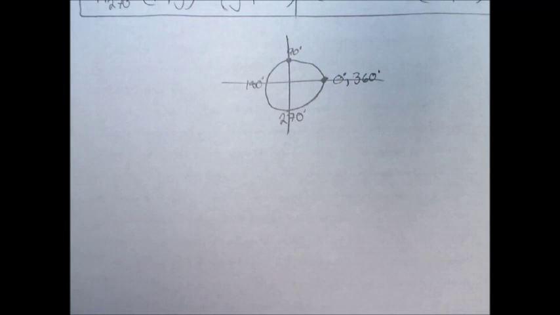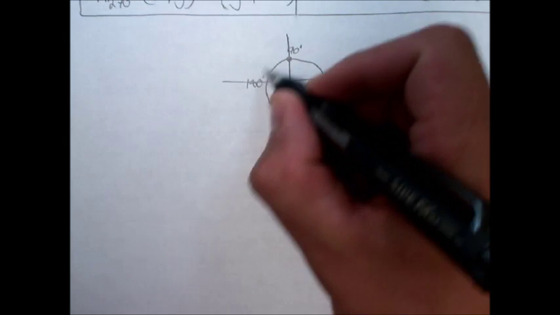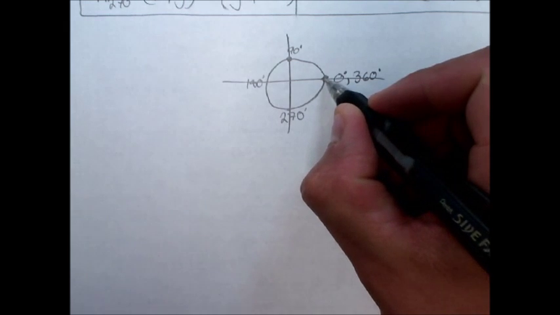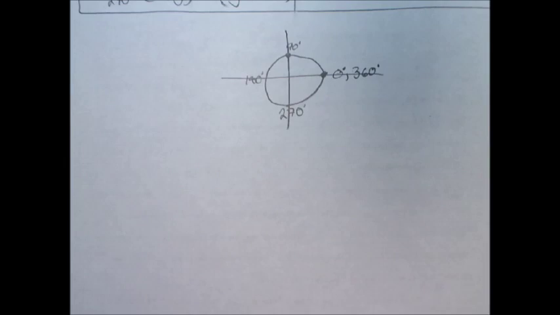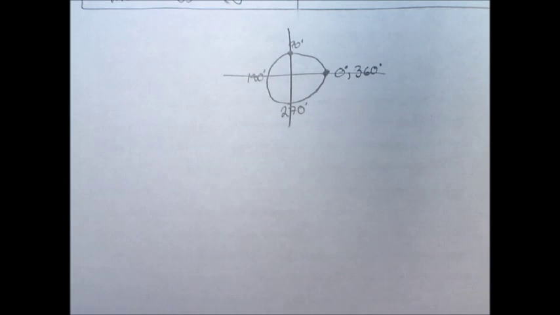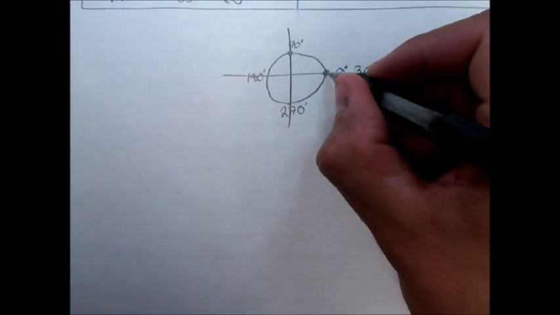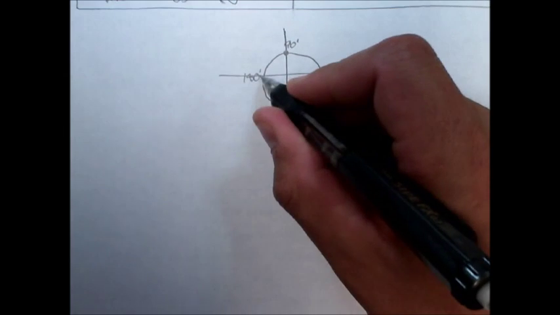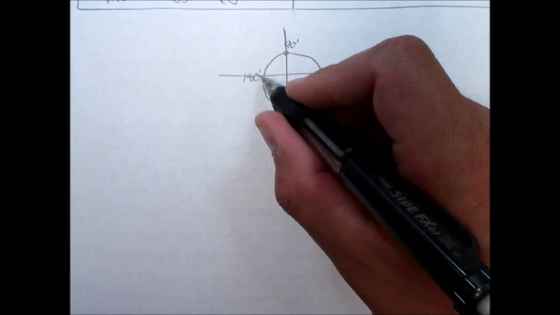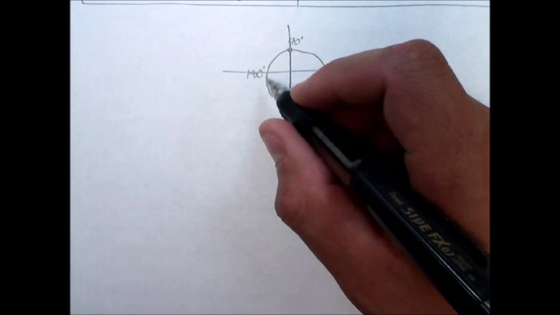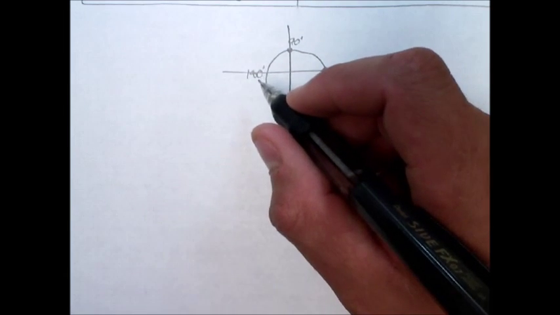Any questions about that? Negative 180 is the same as regular 180, right? Because watch, 90, 180. I just went in the negative direction. 180 and negative 180 are the exact same thing because you end up in the same exact spot.